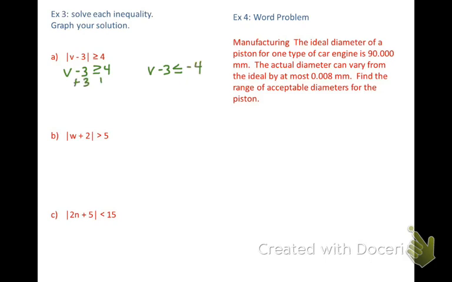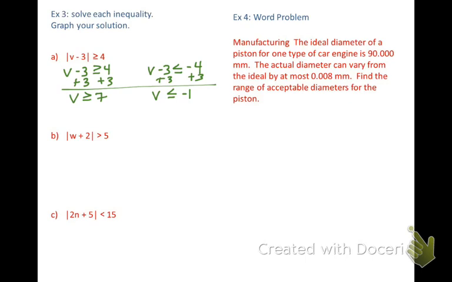Then I'm going to add 3. So V is greater than or equal to 7, and V is less than or equal to negative 1. Now, check and see if it's an and or an or.